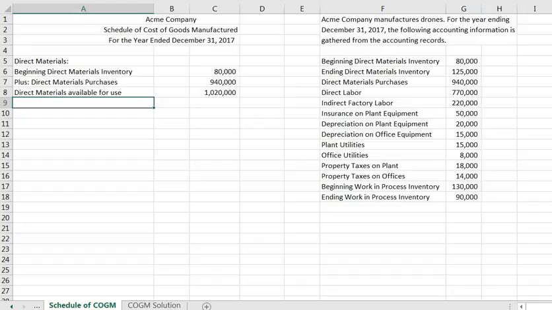From that, I subtract the ending direct materials inventory of $125,000 to arrive at direct materials used of $895,000.